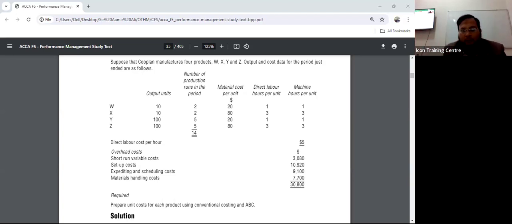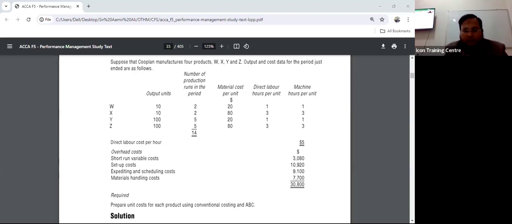So first of all, we need the products. We have 4 products, W, X, Y, and Z, right? So the first thing we will write is output units. For W, 10.